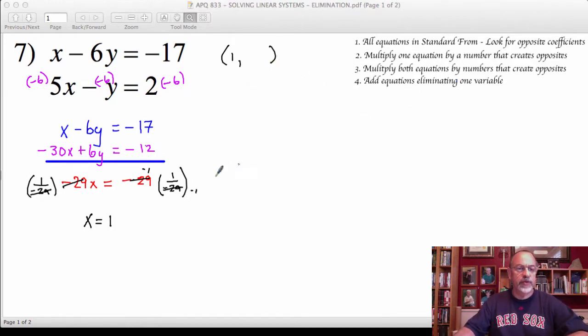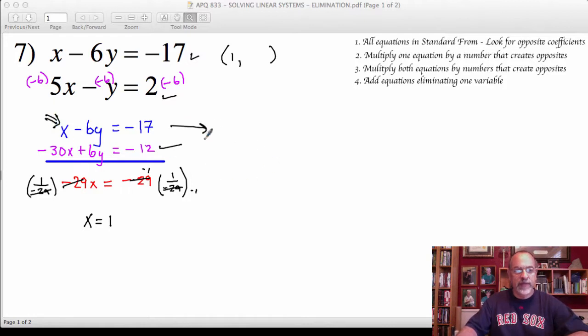In order to determine the y value, I can go back to either of the two original equations or this third equation that I created, substitute in the value of x, and figure out what the value of y is. I'm going to go back to, let's say, this equation right here and substitute in my value.